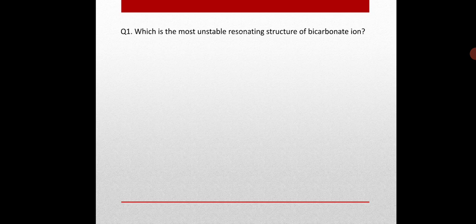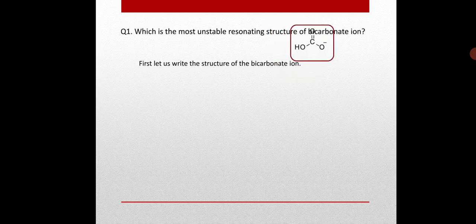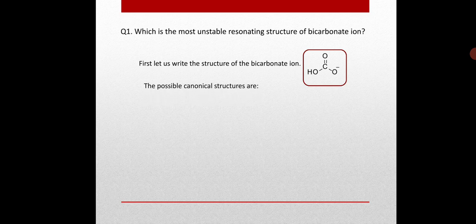Let's see the first question: which is the most unstable resonating structure of bicarbonate ion? First you should know how to draw a bicarbonate ion. So this is how a bicarbonate ion is. Let's draw the possible canonical structures.